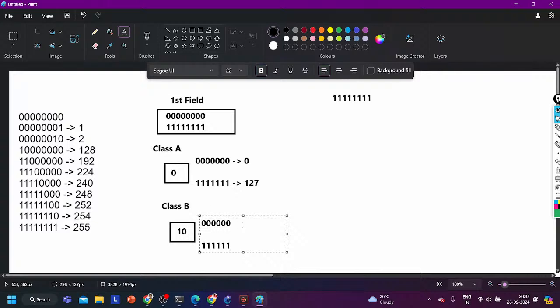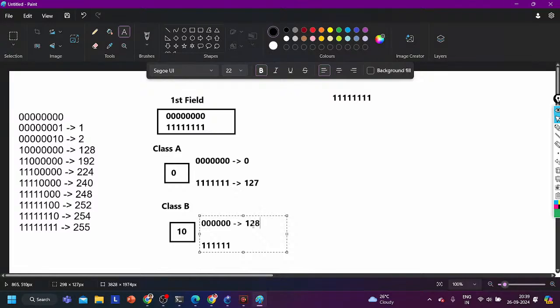Again, when you convert it into decimal, here you will get what value? 128, because see, all are 0 except the first bit. The first bit is 2 to the power 7 means 128. So here we will get 128.